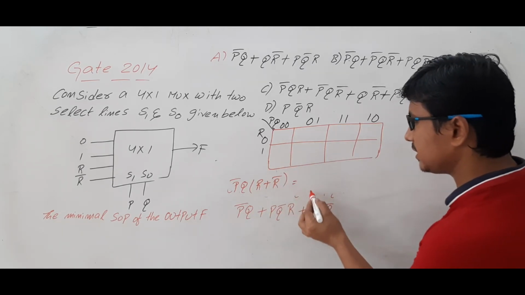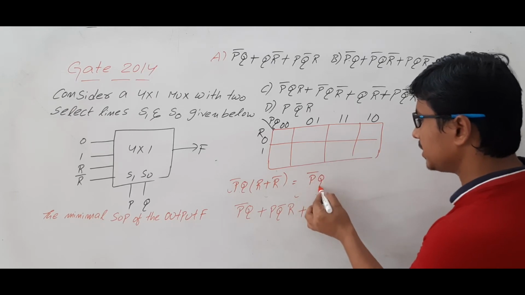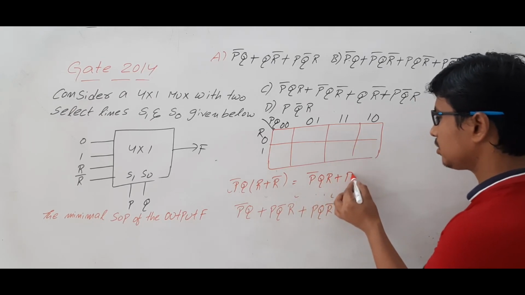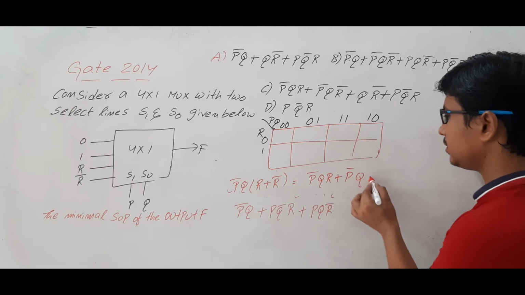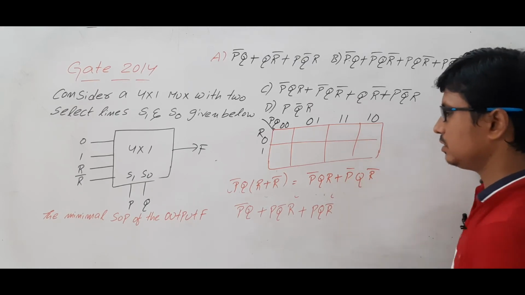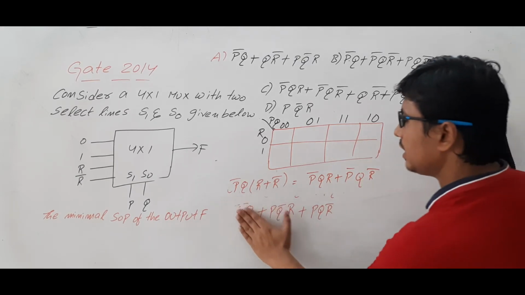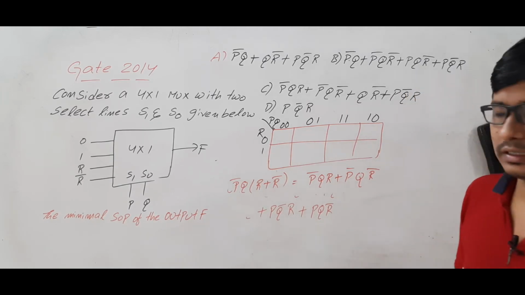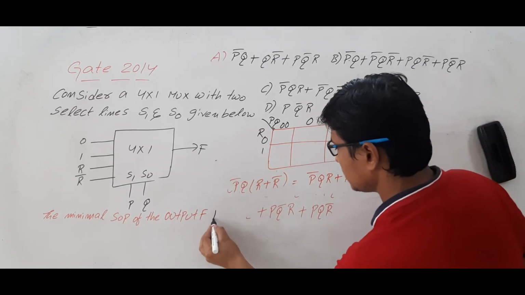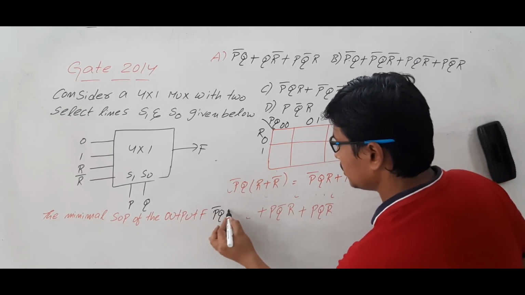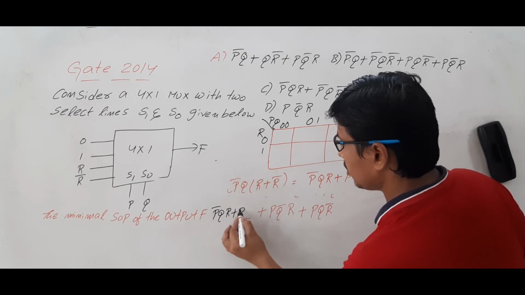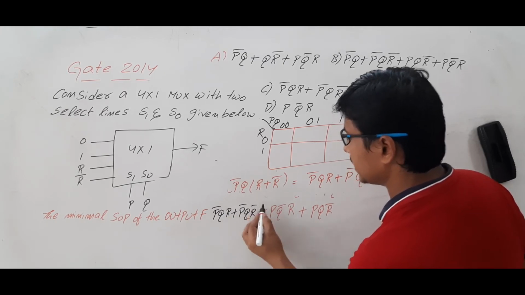If I expand it, I will get P complement Q R plus P complement Q R complement. So instead of this one, I can write this expansion.